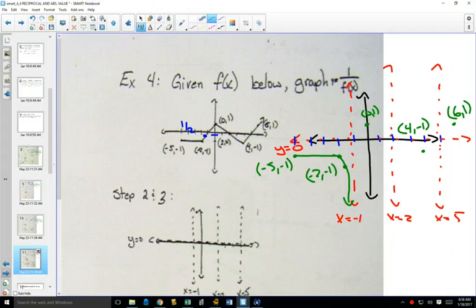In fact, if you do all the places where it's -1/2, like here it's -1/2 again, here it's -1/2 again, so those will all be places where it's -2, all of a sudden you figure out this section needs to go down. And you could do +1/2 as well if that would help you. What's going to happen when it's +1/2? That y value is +1/2 here, here, and here. Well, it's going to be 2 in each of those sections. And so by now, you might be able to figure the rest of your asymptotic behavior.